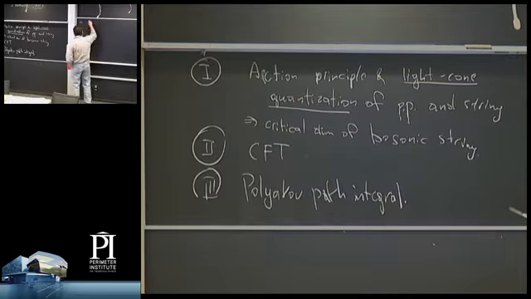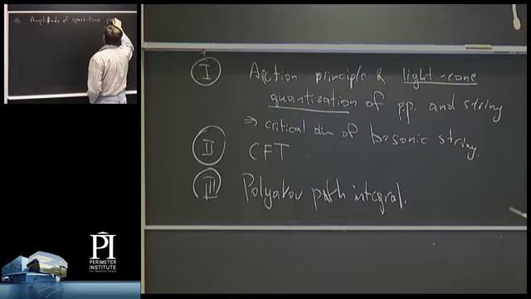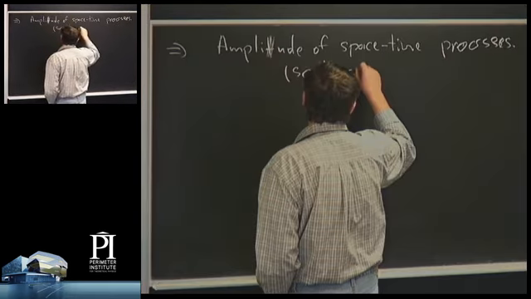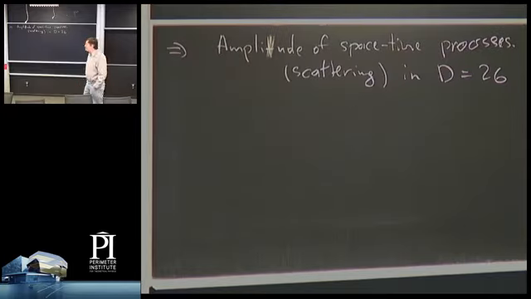And what we will show is that the amplitude of space-time processes, like scattering, here in D equals 26 dimensions, are actually related to correlation functions of a two-dimensional quantum field theory, of the worldsheet theory.